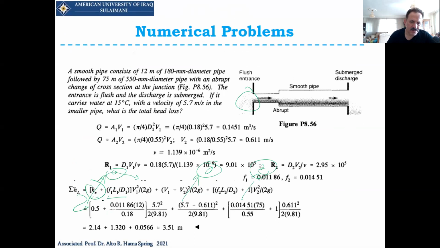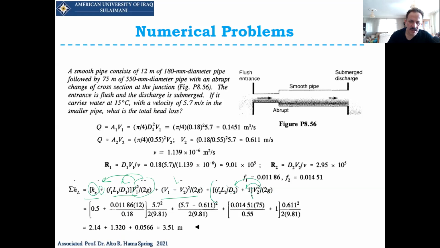So the way that it can be written: this is V1 squared over 2g times K_E, plus V1 squared over 2g times fL over D. This is the friction, and this is the minor. And also we have here the enlargement, and this is also V1 squared minus V2 squared over 2g, times fL over D. This is the friction head loss.